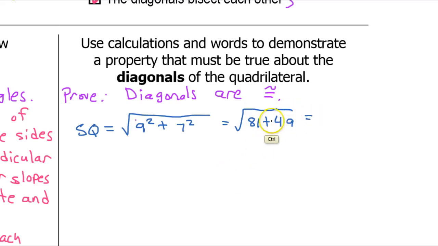Moving the 1 to the 49 makes it like 50, so it's really like having 80 plus 50. So that's going to be the square root of 130. Okay, so that's SQ.